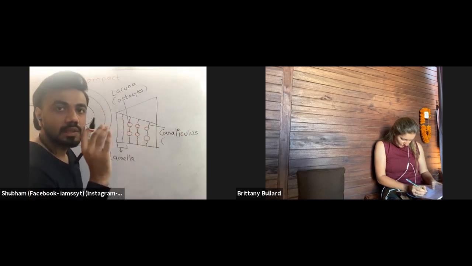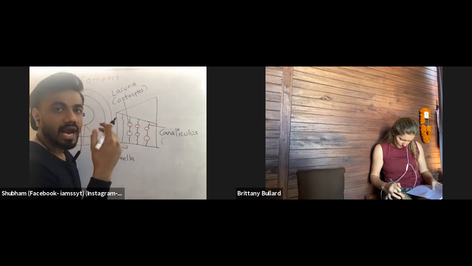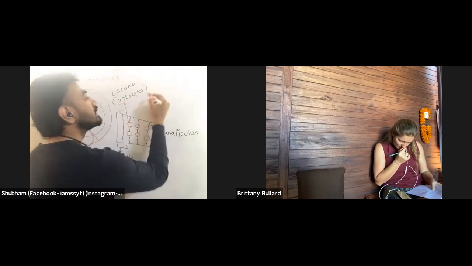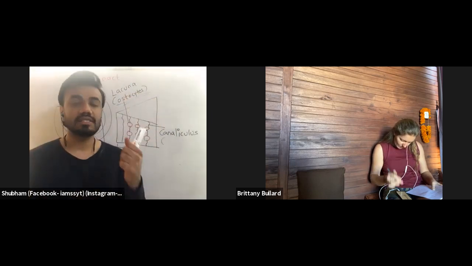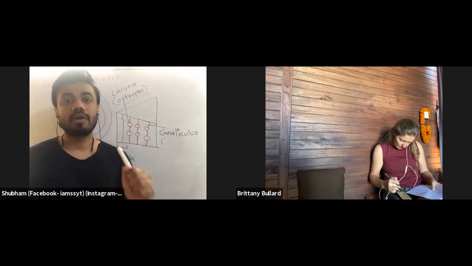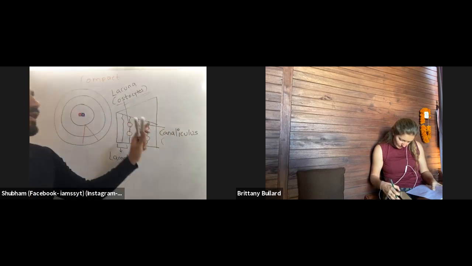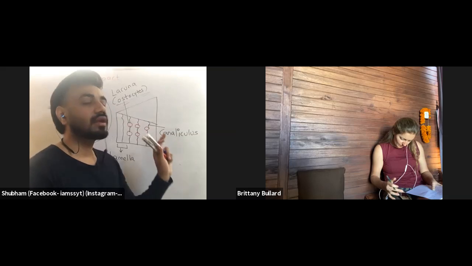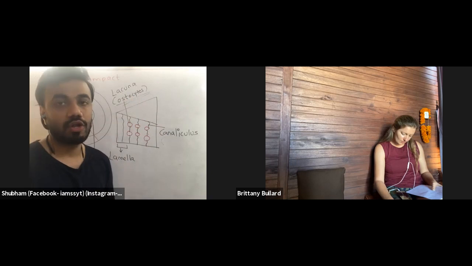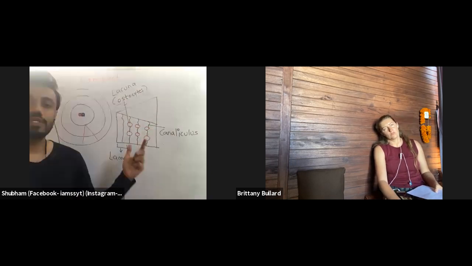Interstitial fluid means cellular fluid, which contains biomolecules, and that will provide nourishment to our osteocytes, these cells. And these osteocytes will become matured enough to take proper care of our bone. So this canaliculus will transport all the nutrients to these osteocytes, required for the health of the bone.